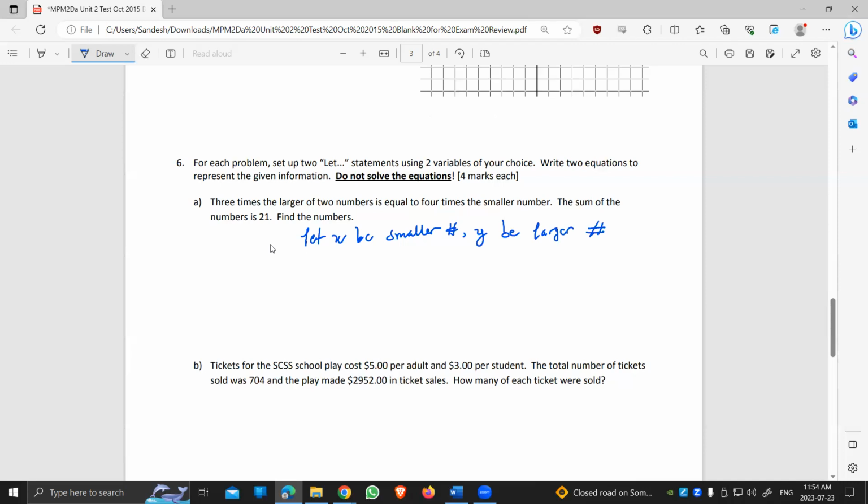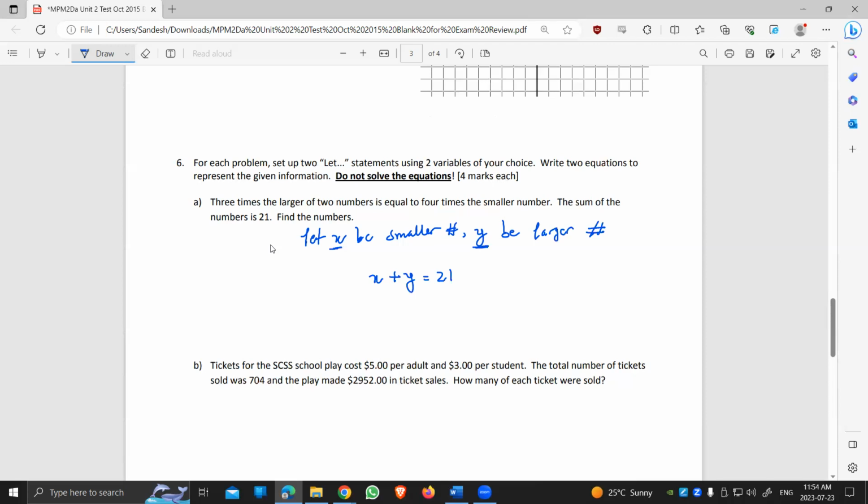What's the equation if they add up to 21? The two numbers add up to 21: x plus y is equal to 21.